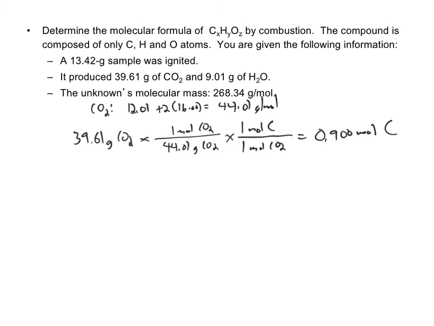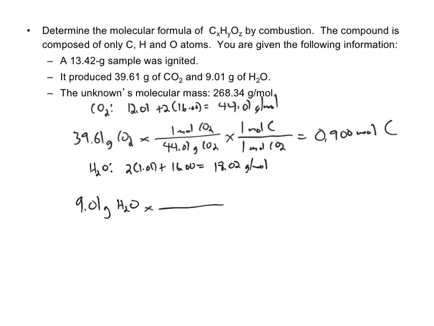And we want to do the same thing with the water. All of the hydrogen in our original compound is converted into water, but in that case, for every 1 mole of water, I get 2 moles of hydrogen atoms. So I'll have a 1 to 2 ratio for the hydrogen. So for water, its molar mass divided by the molar mass.